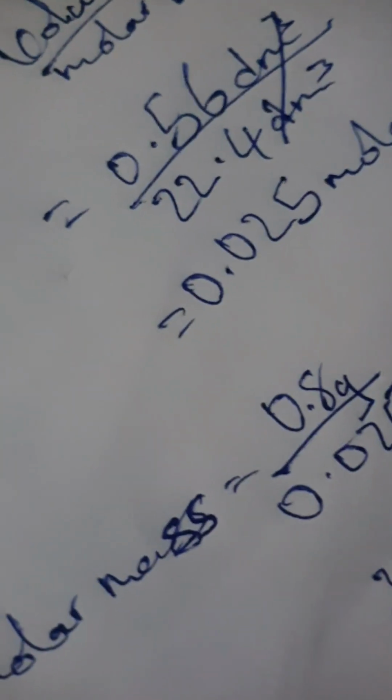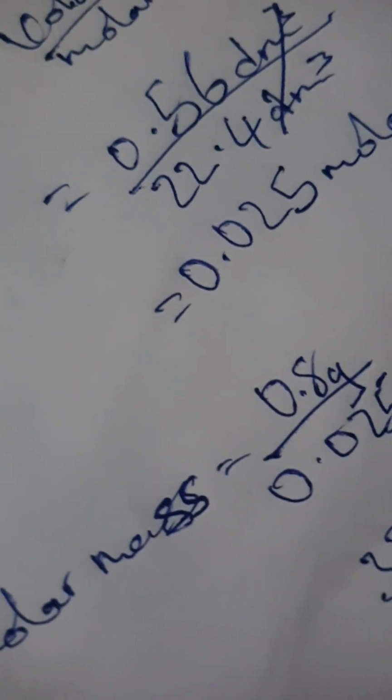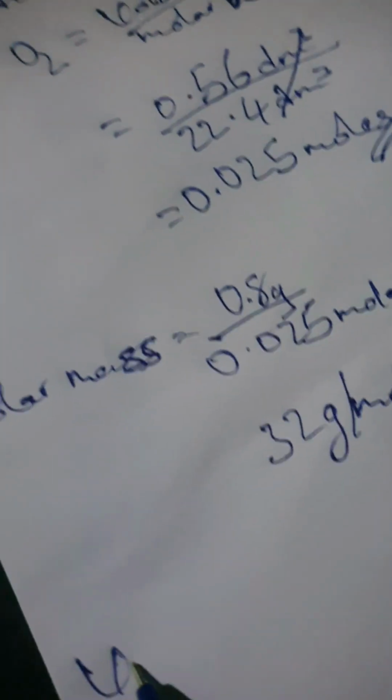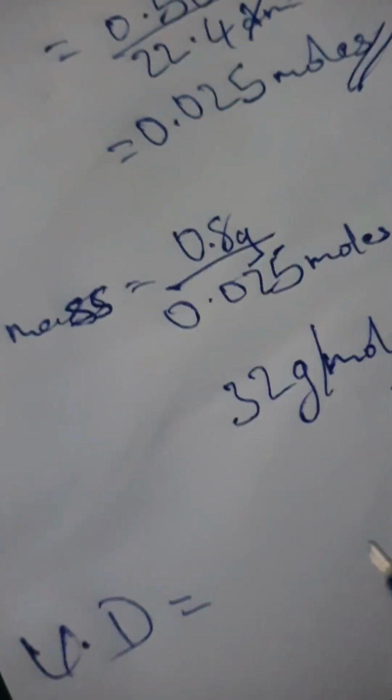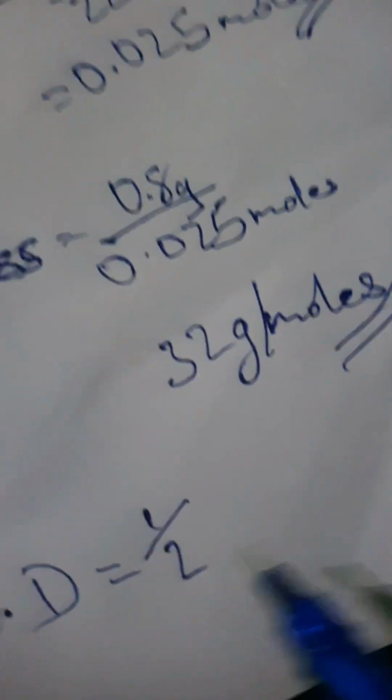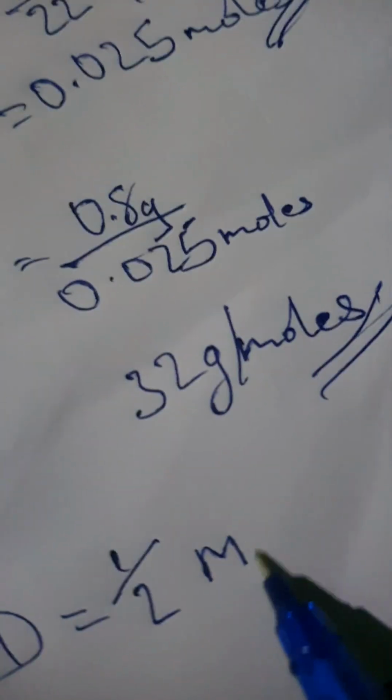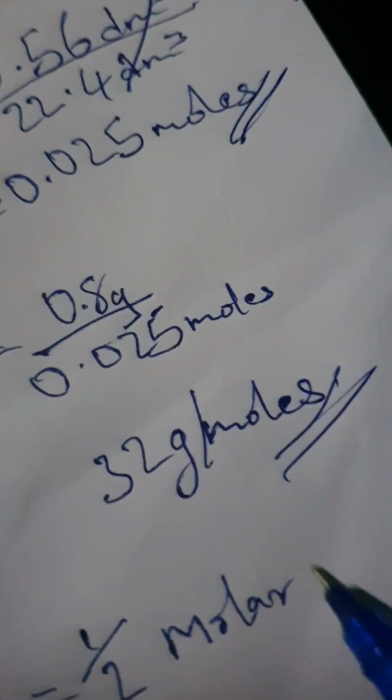I have 32, so 32 gram per mole. Now let's calculate the vapor density. VD is equal to half the molar mass.